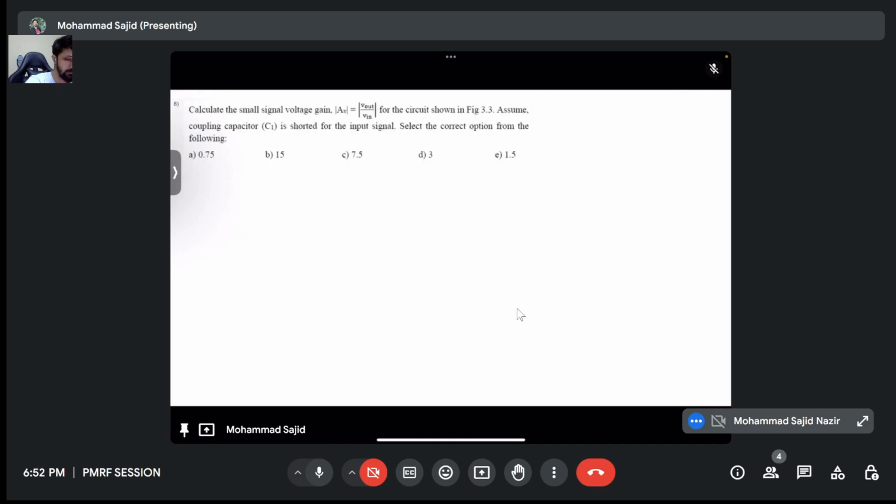Next question is small signal analysis. We need to calculate V output by V in. Assume that the coupling capacitor C1 is shorted for the input frequency. Can you draw the equivalent circuit for the MOSFET?